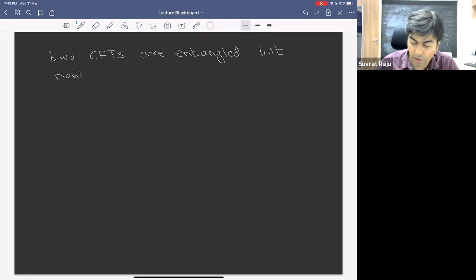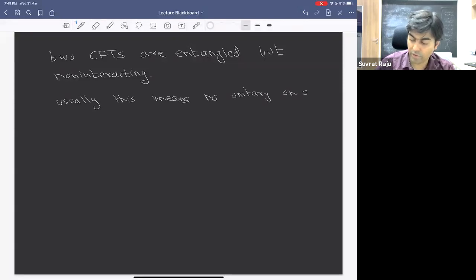Let me point out a curious feature of the eternal black hole setup, which actually is very curious in some ways. It's something that again is perhaps not emphasized enough. Usually when we have a setup where you have two CFTs which are entangled but non-interacting, usually this means that no unitary on one system can affect the other system, right?